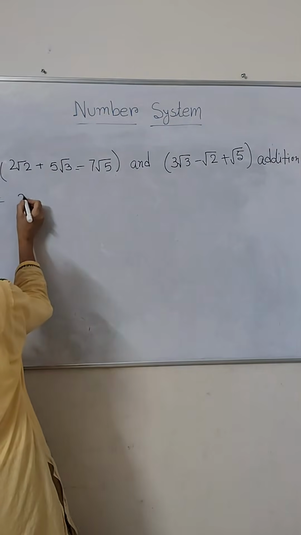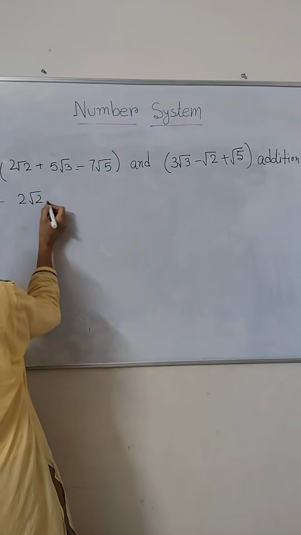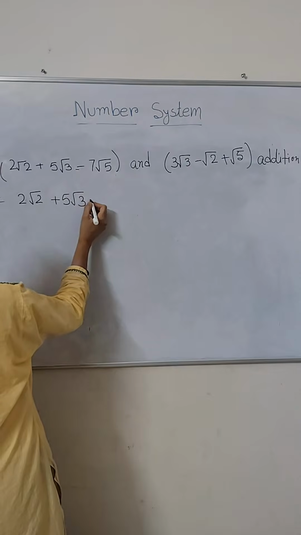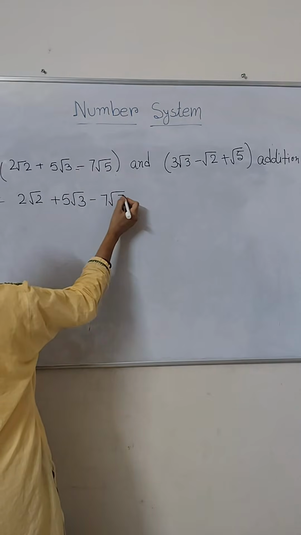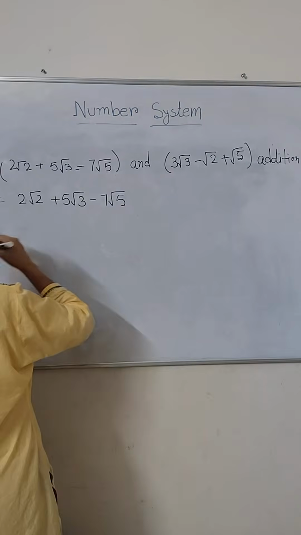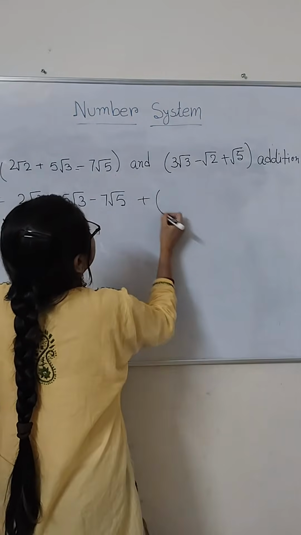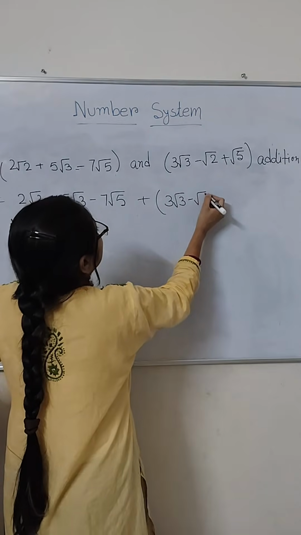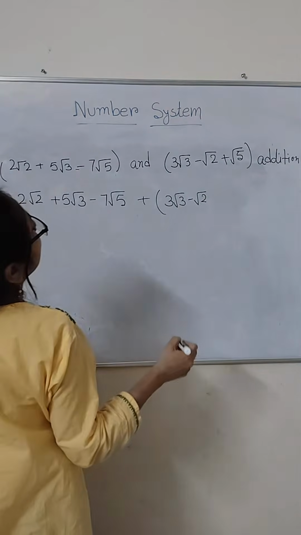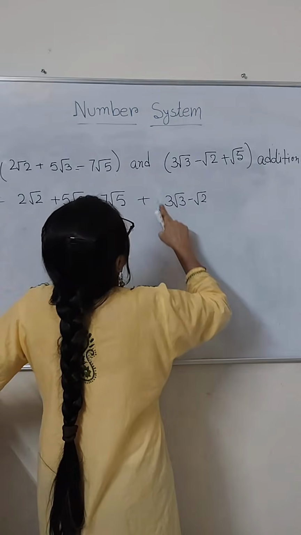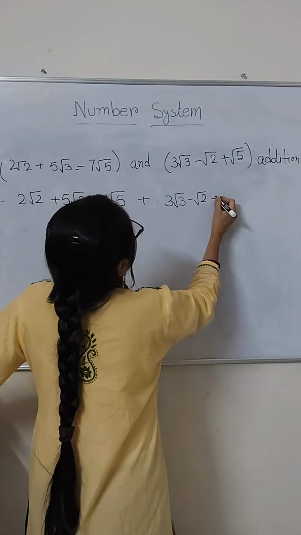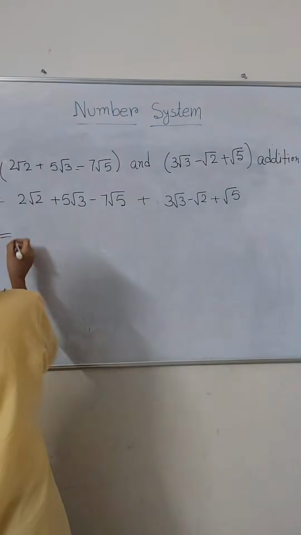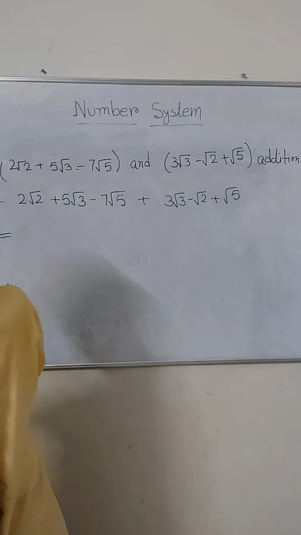First I remove the bracket. 2 root 2 plus 5 root 3 minus 7 root 5, plus root 5. No need for the bracket. Then one step you should check.